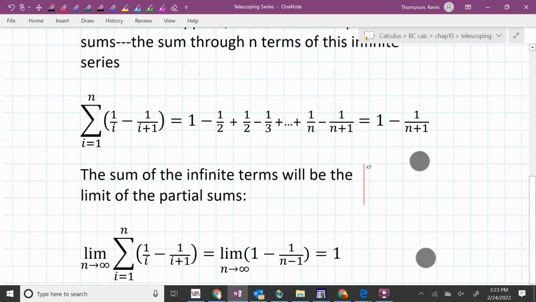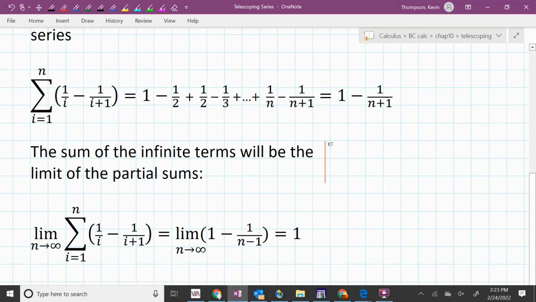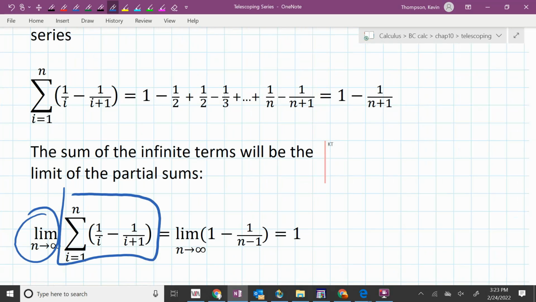In other words, it's the limit as n goes to infinity of what we just wrote down. So for us, if n goes to infinity, and this is what the sum of the first n things looks like, do you notice that the answer then has to be 1?